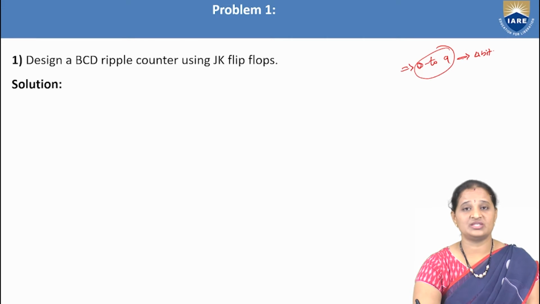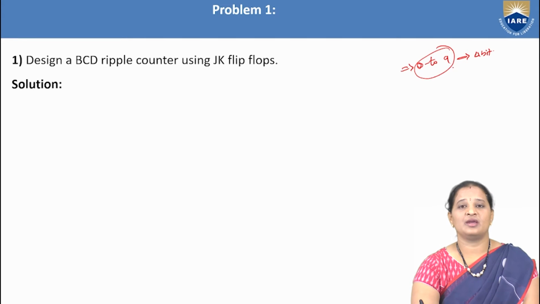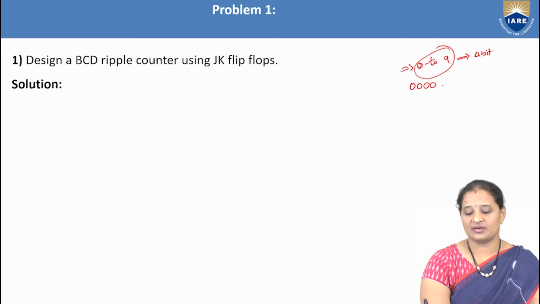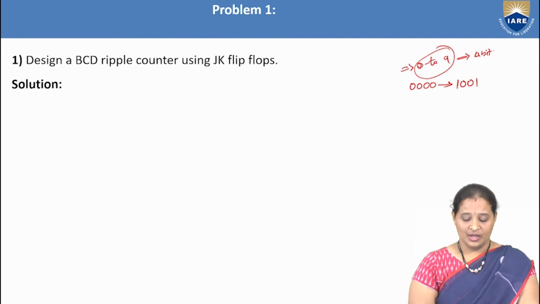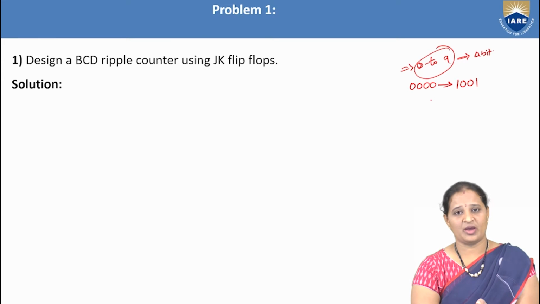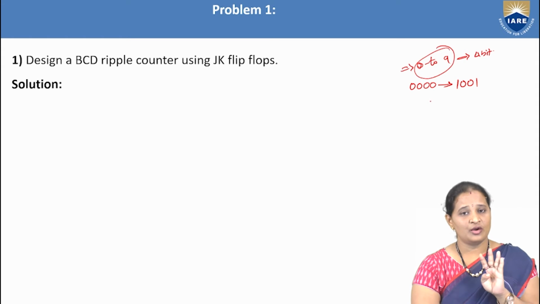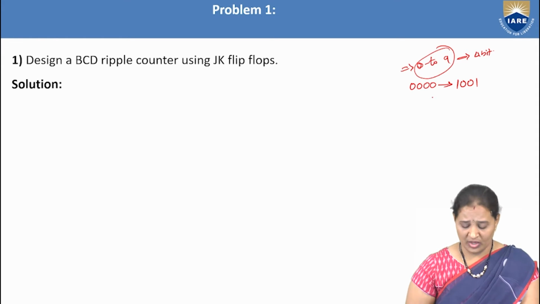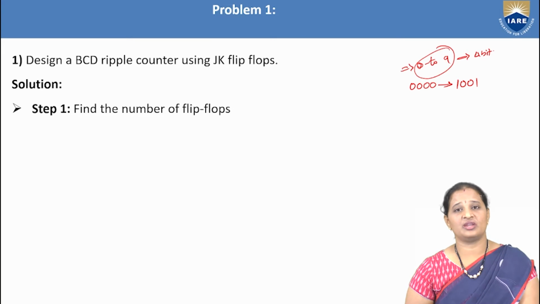That means how many states do we have? It has to undergo 10 states, from 0000 to 1001. So as we have identified that in a BCD counter we are representing decimal digits 0 to 9 in binary, for that I require a 4-bit binary number. So as we have a 4-bit binary number, what is the number of flip-flops that we require here?